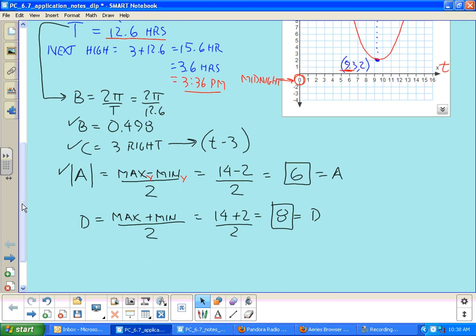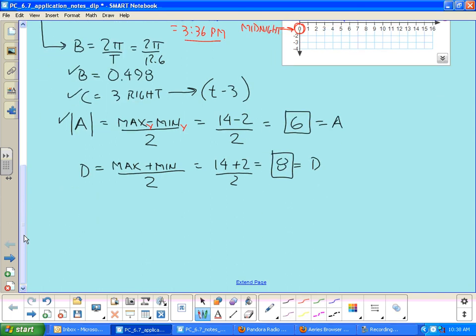Now the b, I want you to just put the b value right afterwards. And then put the parentheses for the t minus c part. So t minus 3. And then plus 8. That should be the equation for this thing.